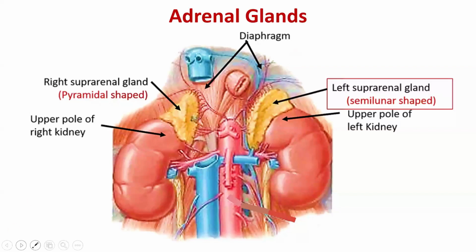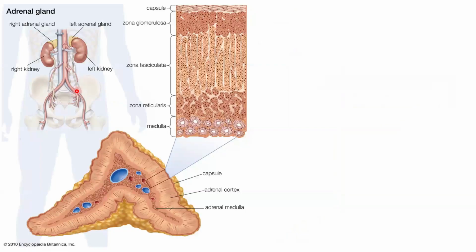So these adrenal glands, we need to appreciate. On this other end, these are the kidneys, the pelvis of a person, the kidneys in the body, the right adrenal gland and the left adrenal gland.